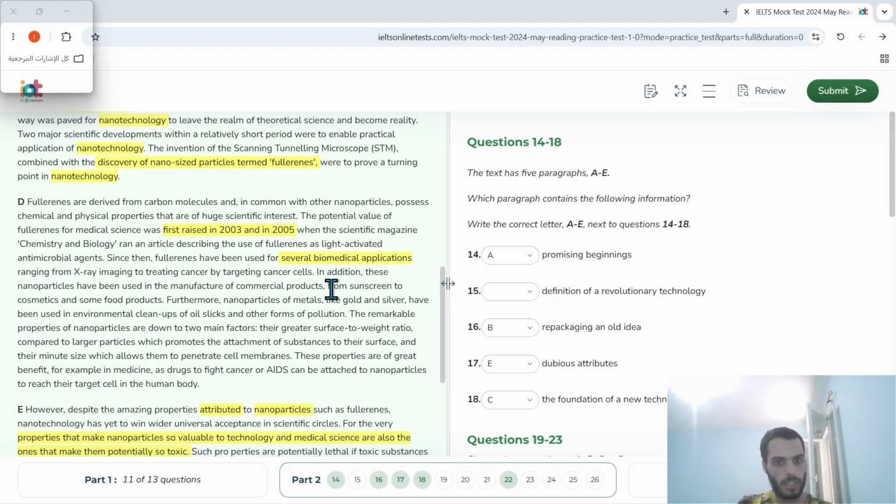Targeting sales, in addition these are used in the structure of commercial products such as sunscreen, cosmetics and some food products. Furthermore, it cleans up oil slicks and other forms of pollution.